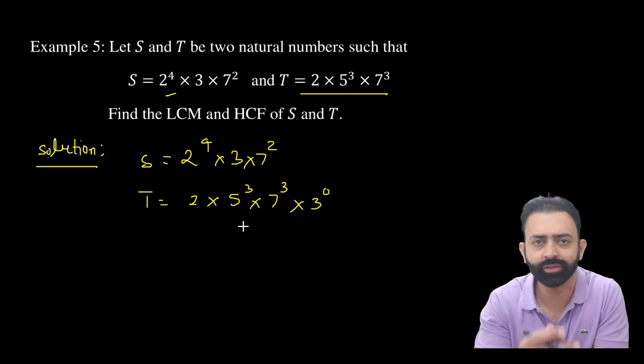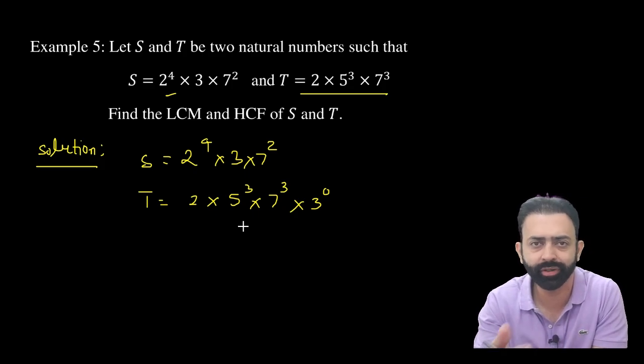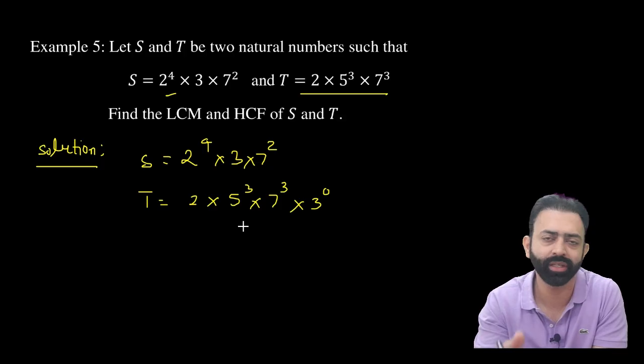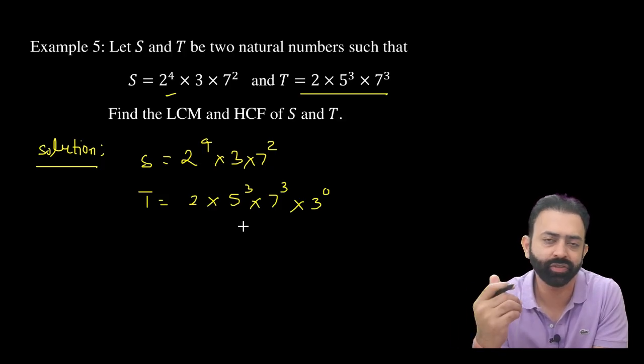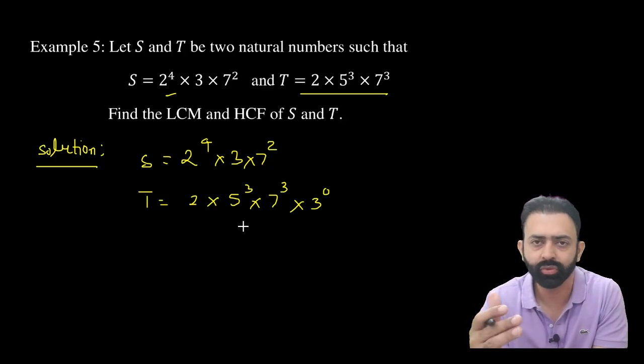Just watch my previous video in which I have introduced why this 3 raised to power 0 has to be included. Obviously 3 raised to power 0 is 1, and any number multiplied by 1 will remain the same. So we can write this 1 as 3 raised to power 0, just to include the common factors.